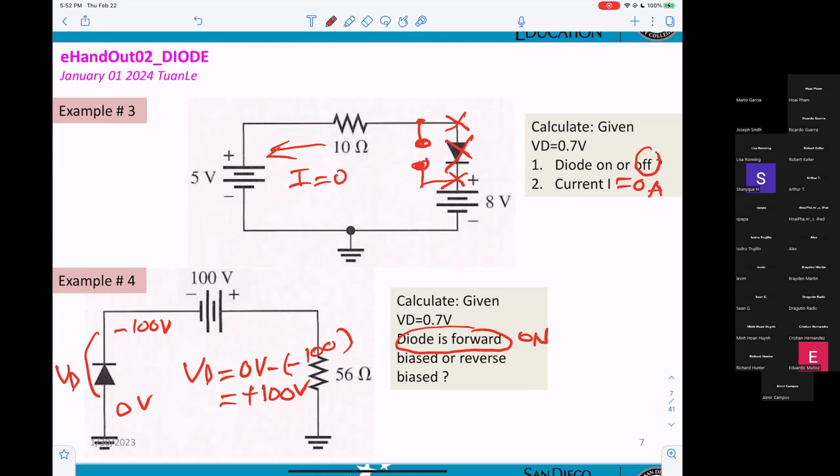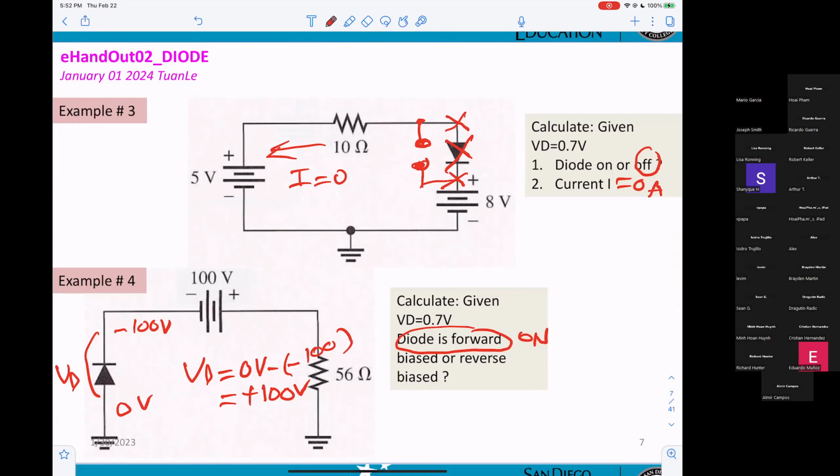A quick question, Mr. Pham. Whenever we're doing these problems, is it always a good idea to take the diode out of the circuit and then determine on or off? You mean you take out the diode? Yeah, when we're determining on or off. Normally that's the way. However, this is the easy way.